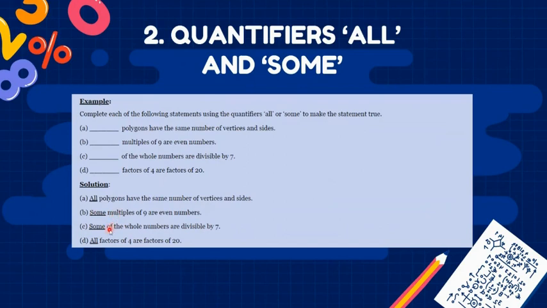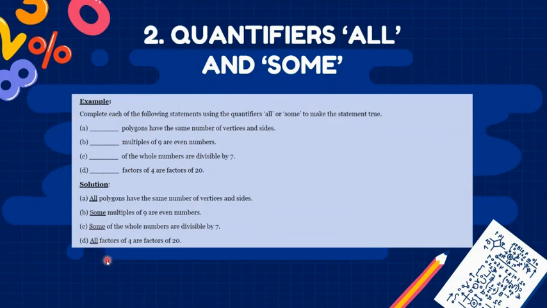Okay, so for the next one, question D, blank space, factors of 4 are factors of 20. We need to go through the factors of 4 first. The factors of 4 are 1, 2, and also 4. Meanwhile, the factors of 20 include 1, 2, and also 4.